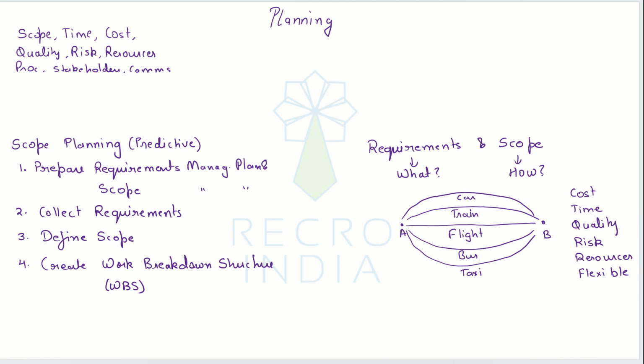So we have to have a holistic understanding before we define scope. So as you can see, our step number 2 is to collect requirements, and step number 3 is to define scope. So once we have collected the requirements, then we can sit down to brainstorm on how we can fulfill these requirements.